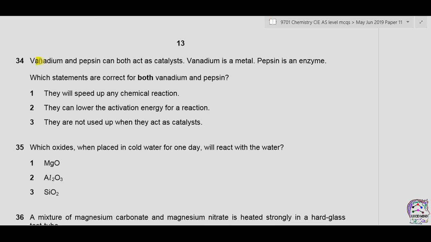Question 34. Vanadium and pepsin can both act as catalyst. Vanadium is a metal, pepsin is an enzyme. Which statements are correct for both vanadium and pepsin? 1. They will speed up any chemical reaction. Now we know that catalysts are reaction specific.